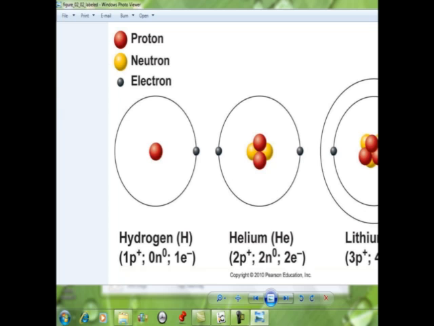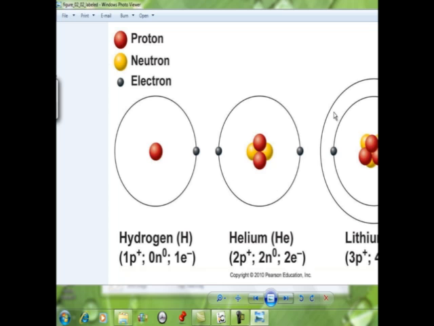Now, you're going to get a little confused because there are different numbers of orbitals in each energy level. But that's a chemistry thing, and that's for you to figure out in chemistry class. In anatomy class, all you have to remember is 2 and 8. So how many more electrons can I fit in lithium's outer shell? 7 more.